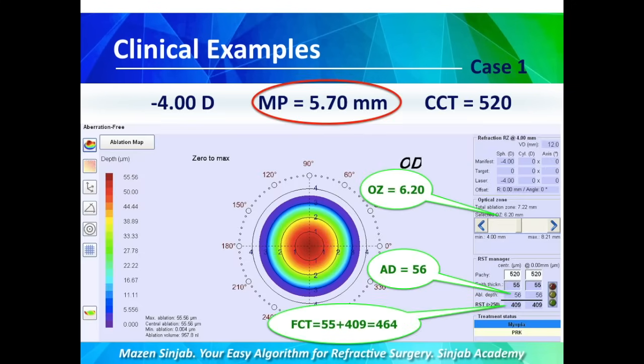In regard with the mesopic pupil, if we simply add 0.5 millimeter to the mesopic pupil, the optical zone will be 6.2 millimeter, and accordingly, the ablation depth will be 56 microns, and the final corneal thickness will be 464 microns. So PRK is accepted.